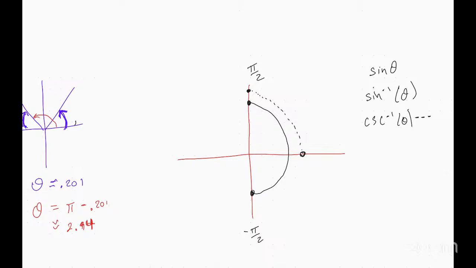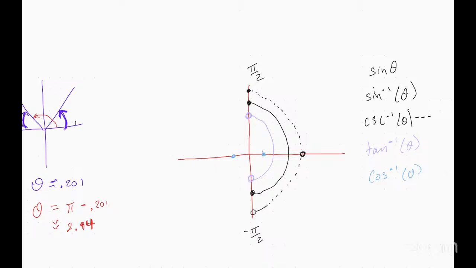The tangent inverse, remember the tangent isn't defined here and here. So the tangent inverse is defined from here to here, but not including pi over 2 or negative pi over 2 because it doesn't exist there. You follow? The cosine inverse is defined from here to here, from 0 to 180.